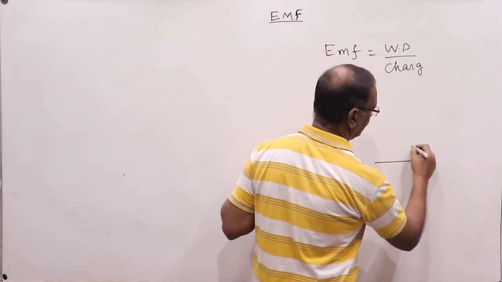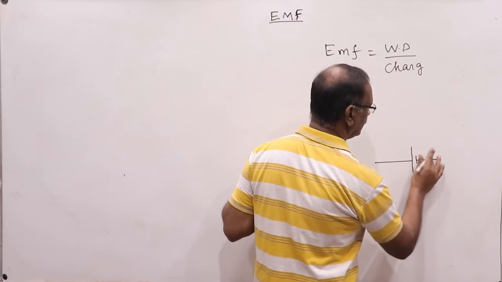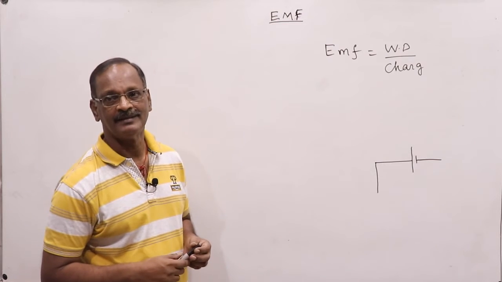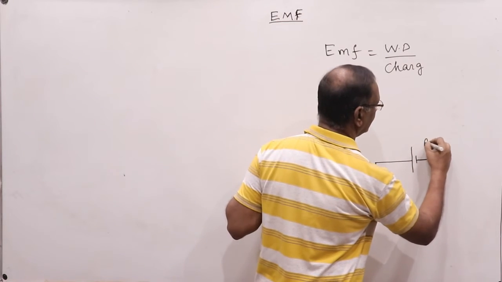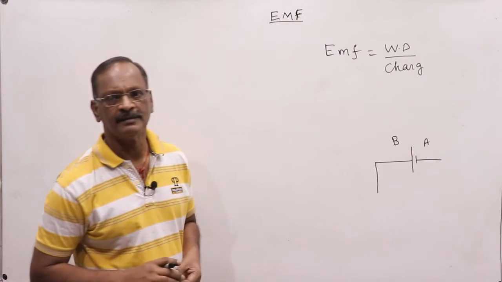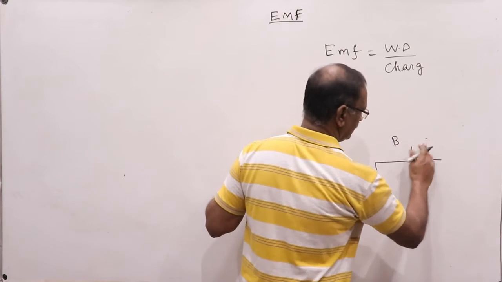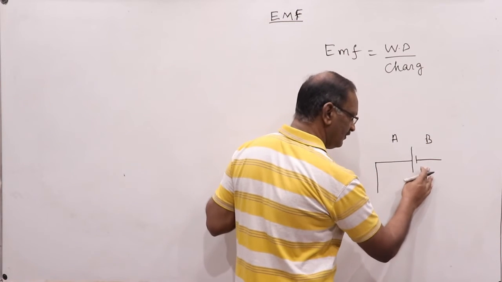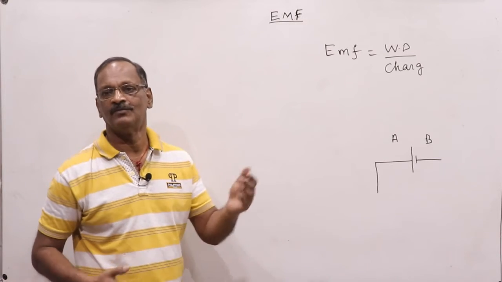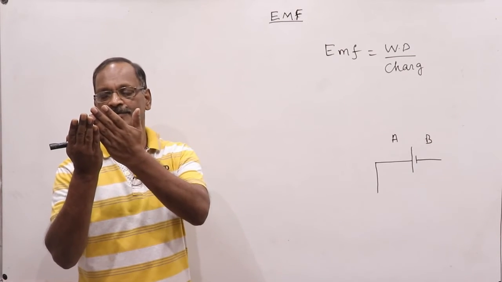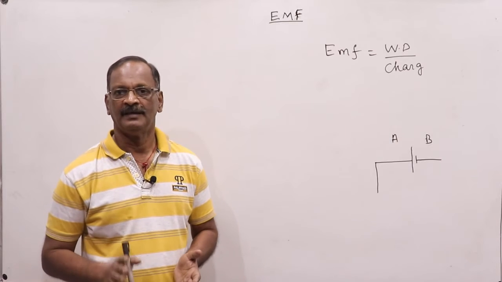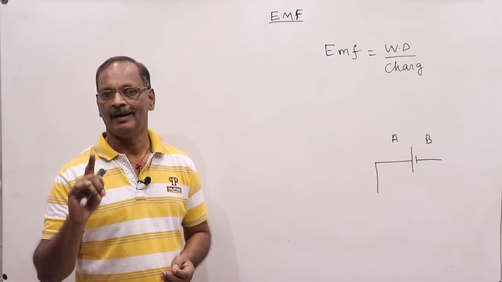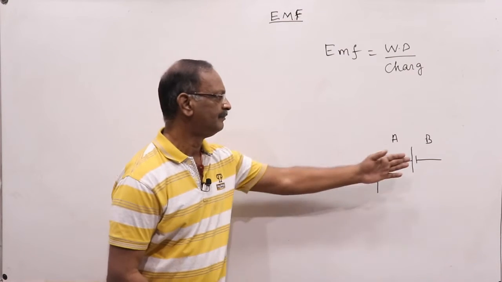Suppose we have a battery or cell which is the source of EMF, with terminal A and terminal B. Because if a charge has to move from lower potential to higher potential, some work has to be done. From lower level to higher level, water has to be pumped, so work has to be done. In the same way, EMF of a battery or cell is the work done per unit charge in moving from the lower to the higher potential terminal, that is from B to A.